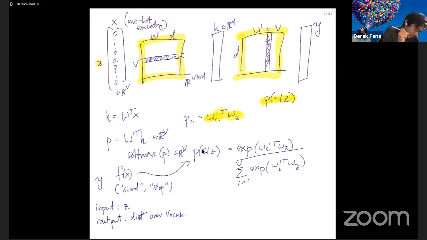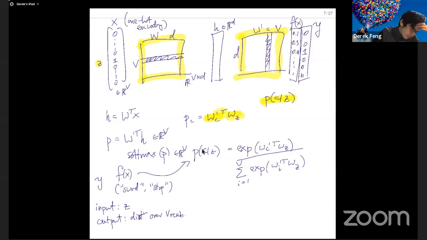I don't want to call the data y, because usually when we think of y, we think of the actual training data. But the training data is just one of them.